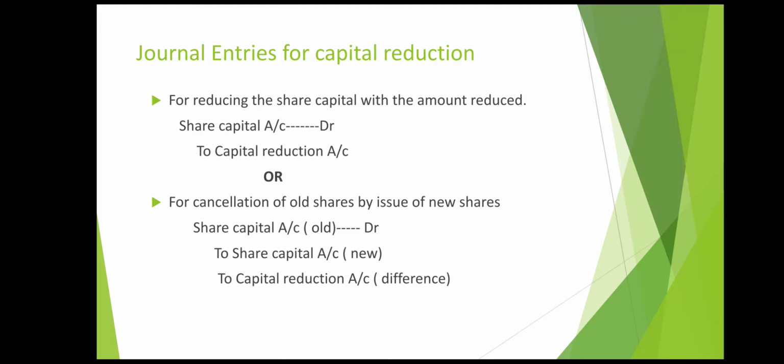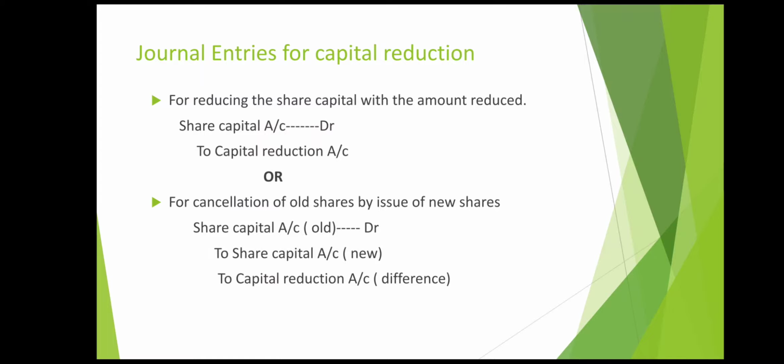So for that the entry is share capital account debit to capital reduction account. Whatever amount is foregone by the shareholders will be collected in capital reduction account and this amount will be utilized later. We will see in the further entries. So for reducing the share capital, you have to pass this entry.